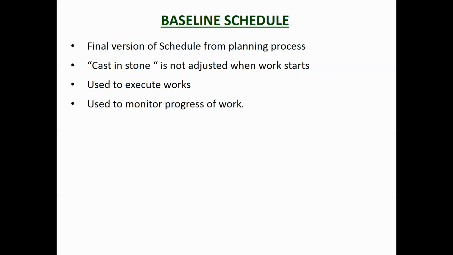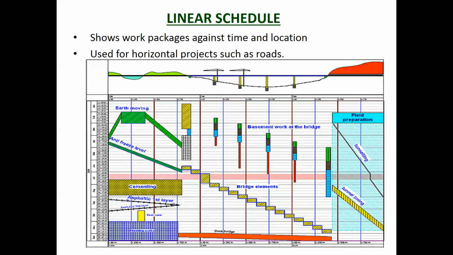Now before we finish this video, I want to show you this, which is called a linear schedule. So this is different from a Gantt chart. So we looked at a Gantt chart before, and it's the way that most projects are shown. But in addition to that, if you're dealing with a big horizontal project such as a road or a motorway, then you might also have a linear schedule.